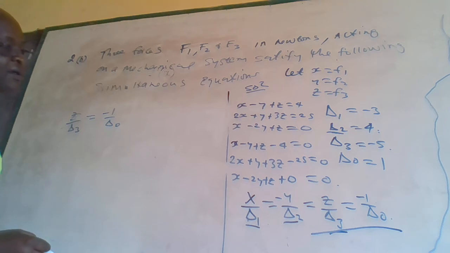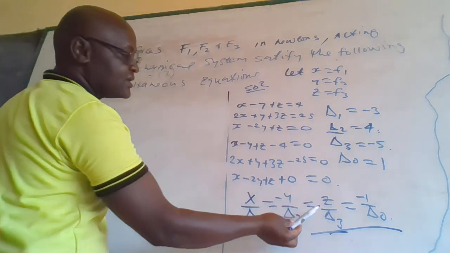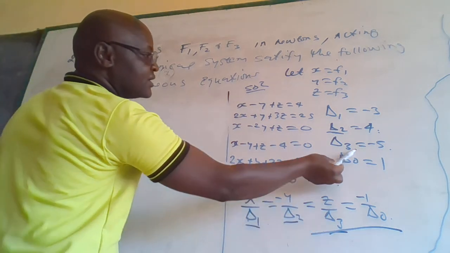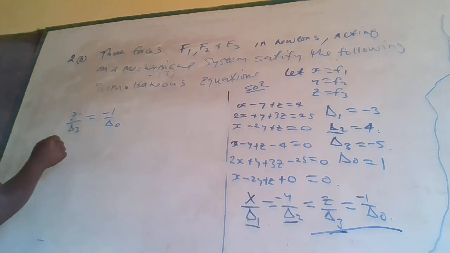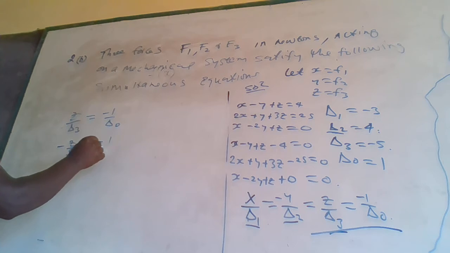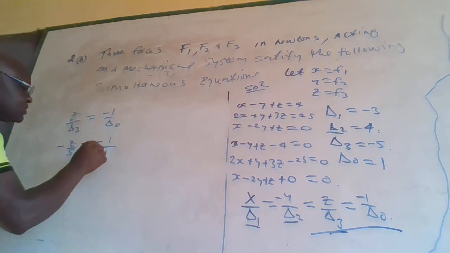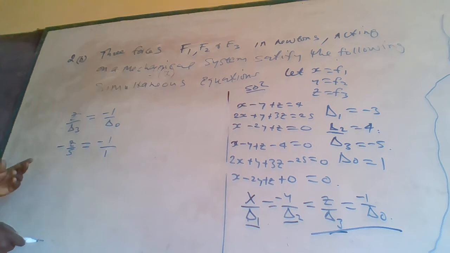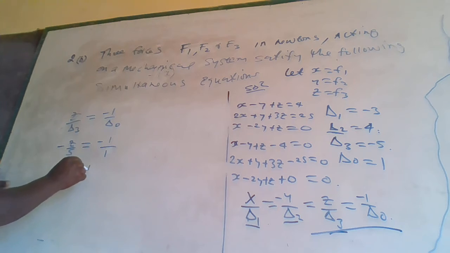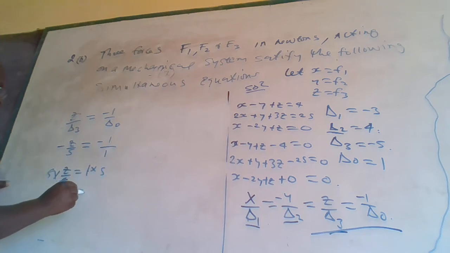Del 3 is negative 5, so this will be negative z over 5 equals negative 1 over del not, which is 1. The negative and negative will cancel out, so we have z over 5 equals 1. So we multiply both sides by 5. So z equals 5.